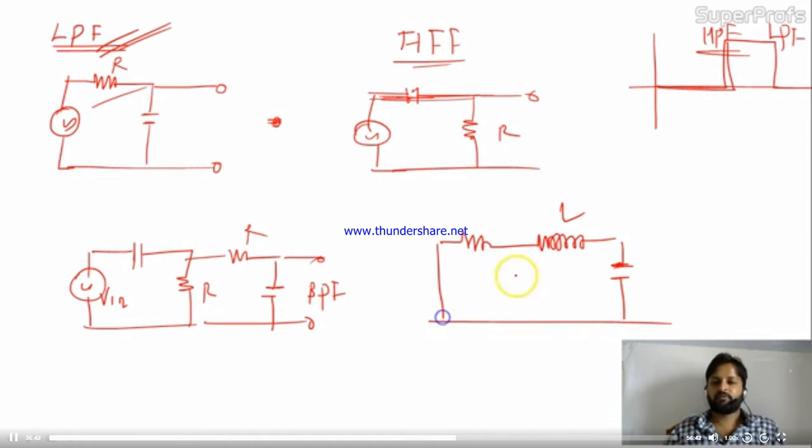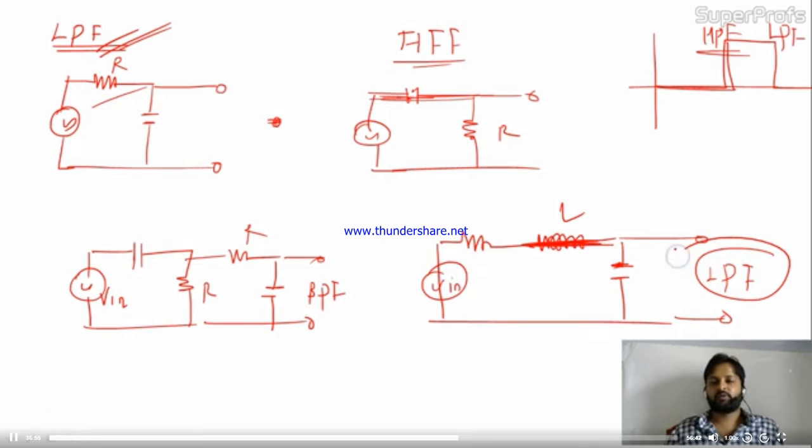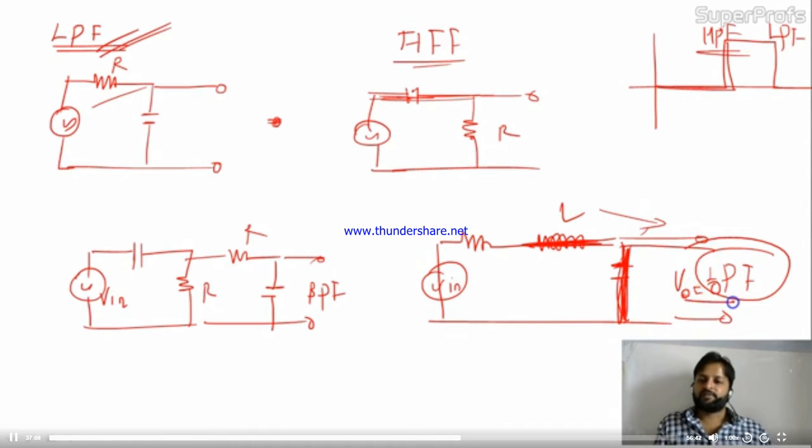So this is also a low pass filter. At very low frequency the inductor will be short and the capacitor will not work. So the entire input whatever you are applying over here will come to the output, meaning the low frequencies are passing through this circuit. But if we take high frequencies, the capacitor becomes short circuited. Once it becomes short circuited, the output will be 0.